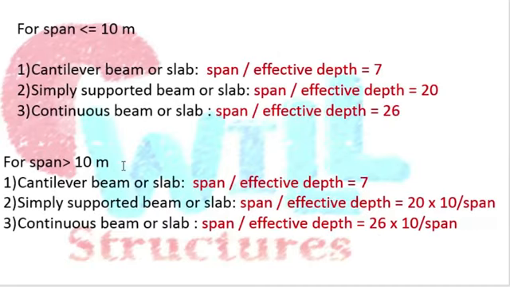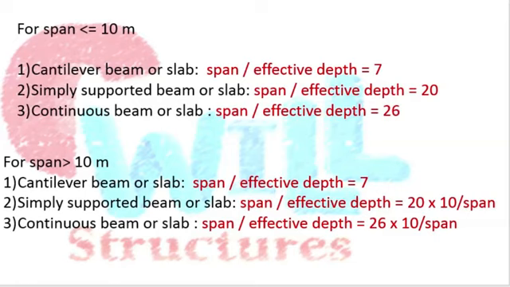Now for a span of beam or slab more than 10 meters, for a cantilever beam or slab, the span by depth ratio will be equal to 7 only. It is similar to the previous one.